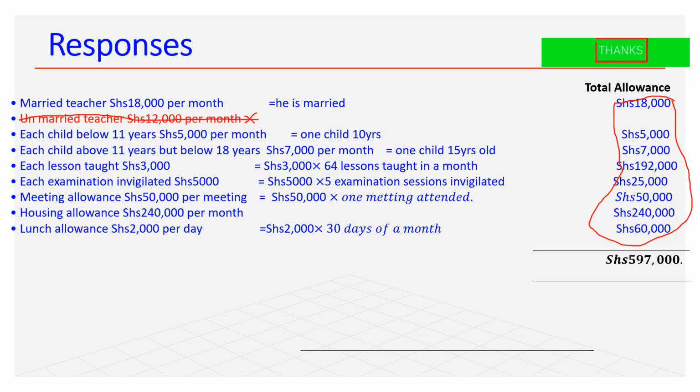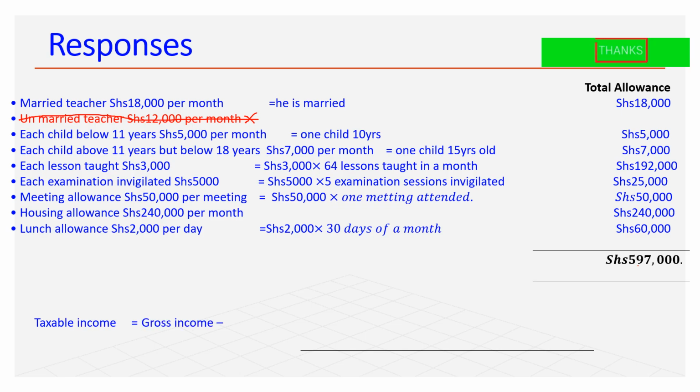So now the total allowance, the money that is not to be subjected to tax from the gross, is 597,000 Uganda shillings. That is the money that we need to subtract from the gross, such that the balance, or what we remain with, is to be projected to taxation.